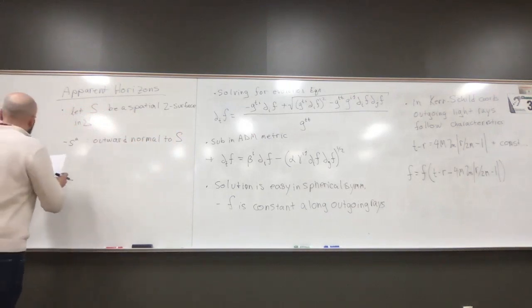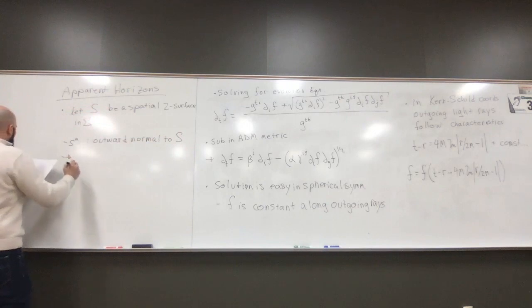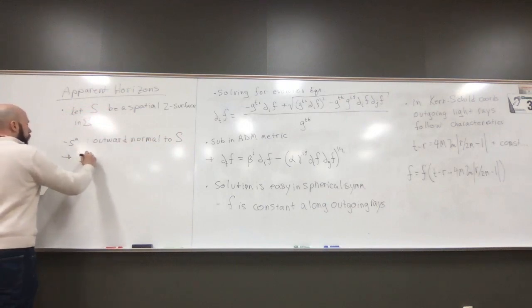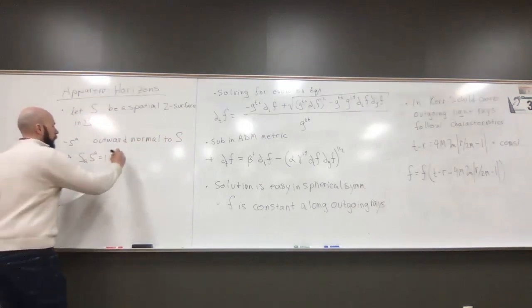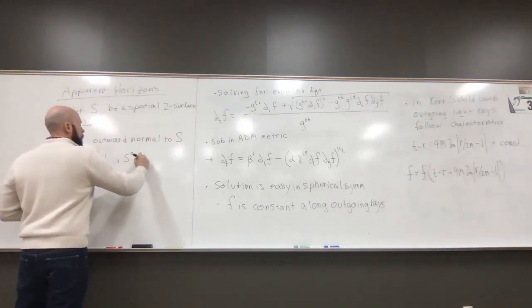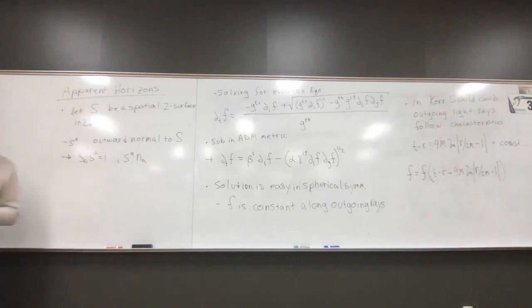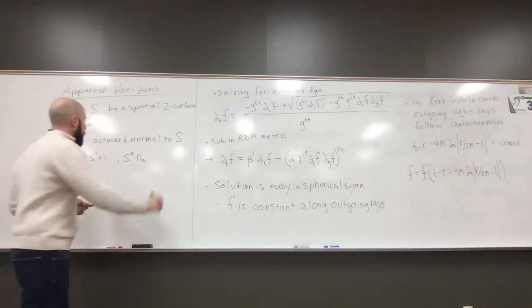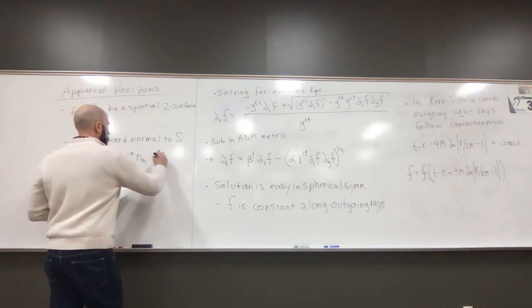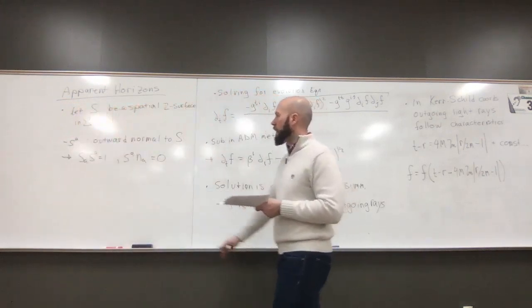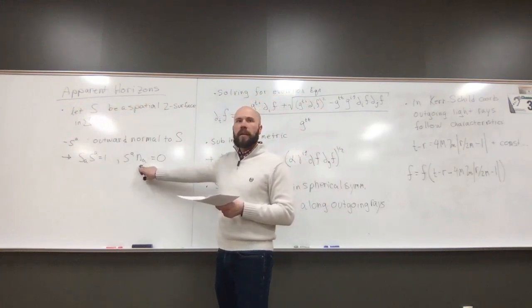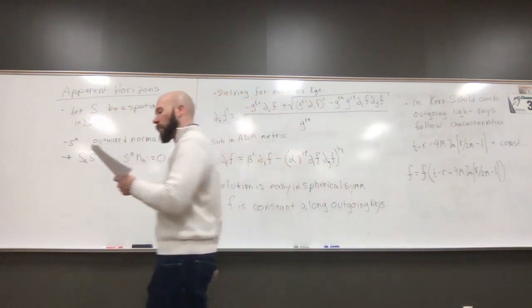It's purely spatial. Since it's a normal, and since it's purely spatial, if I dot this into the unit vector, this is 0. The normal vector points in the time direction, while s is purely spatial.